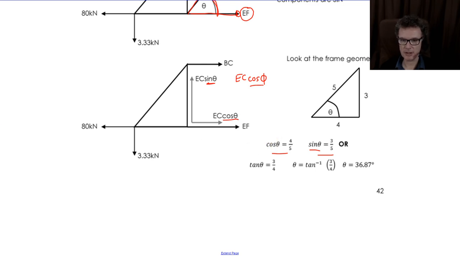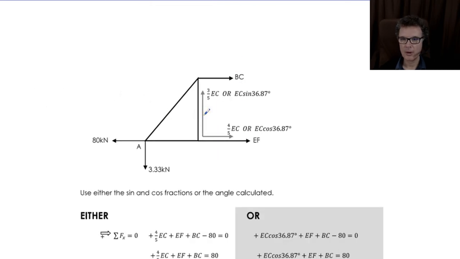Let's go on to the next page. So we've got two forces going off in this direction. We've got a force going off in this direction, and then a force going off in that direction. Now, there's two approaches we could use. We could alternatively, which is the grayed out bit, work out what that angle was, and then put the angle into your cos function or your sine function.